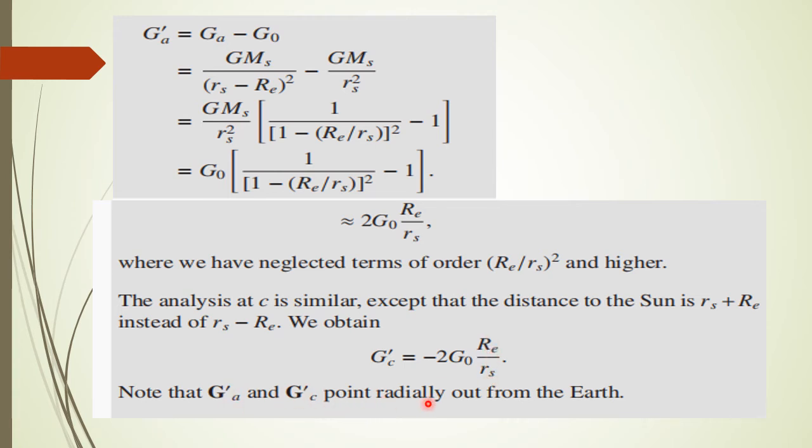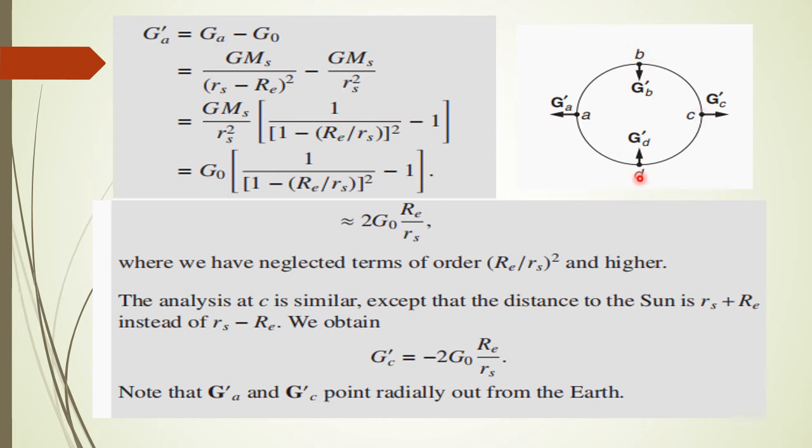These two are radially opposite points. So our figure is like this. You get G dash A in this direction with this much magnitude, and G dash C with this much magnitude. Both are equal and opposite. So there is an outward pull, or outward gravitational acceleration, experienced at these points.